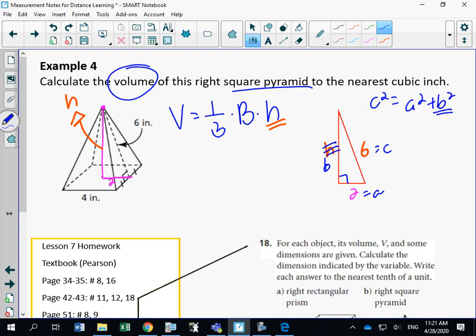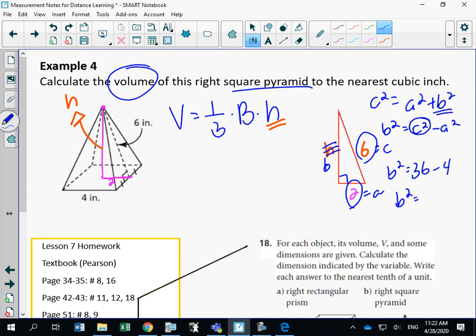Okay, we wanted B. The formula for B squared is C squared minus the other side squared. It's always the hypotenuse minus the other side. So B squared is equal to C squared, 6 squared is 36, minus A squared, 2 squared is 4.